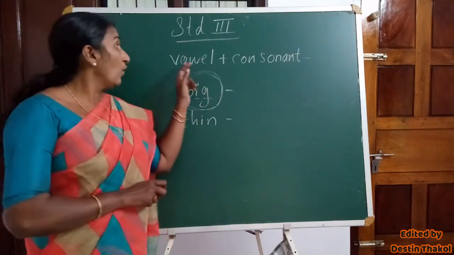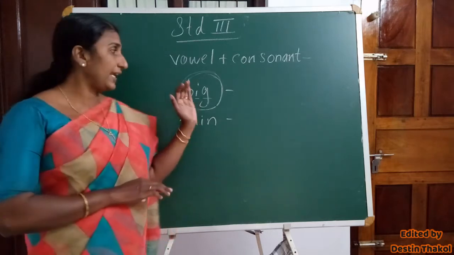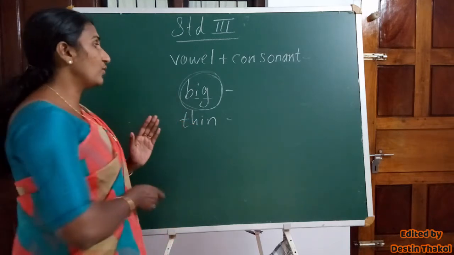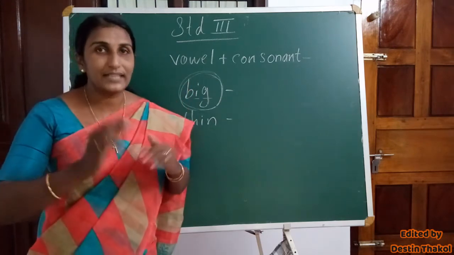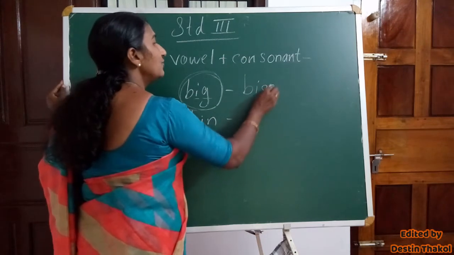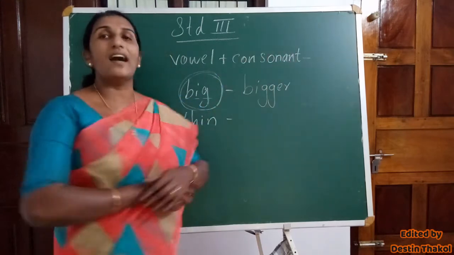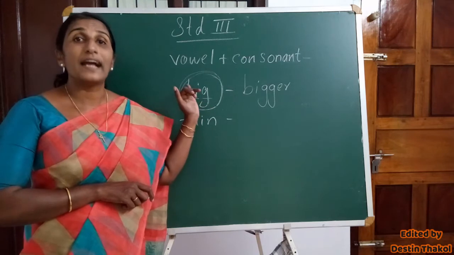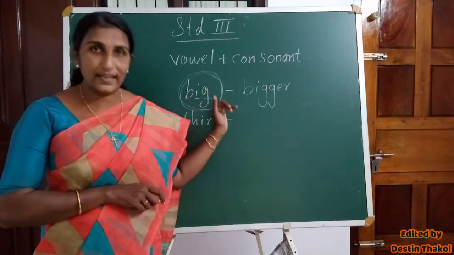In this situation, if you want to compare, the consonant will double. For example, B-I-G-G, then we add E-R.